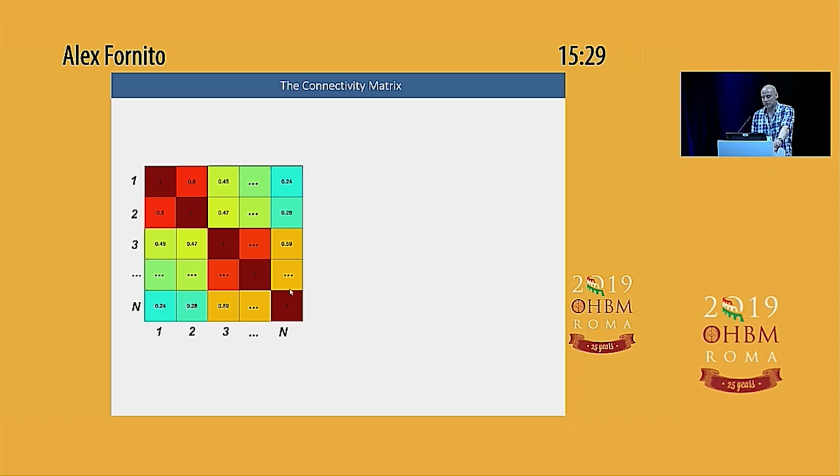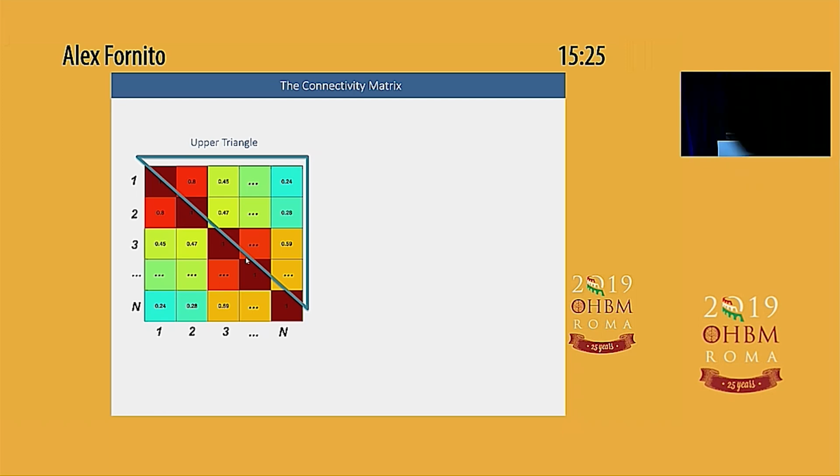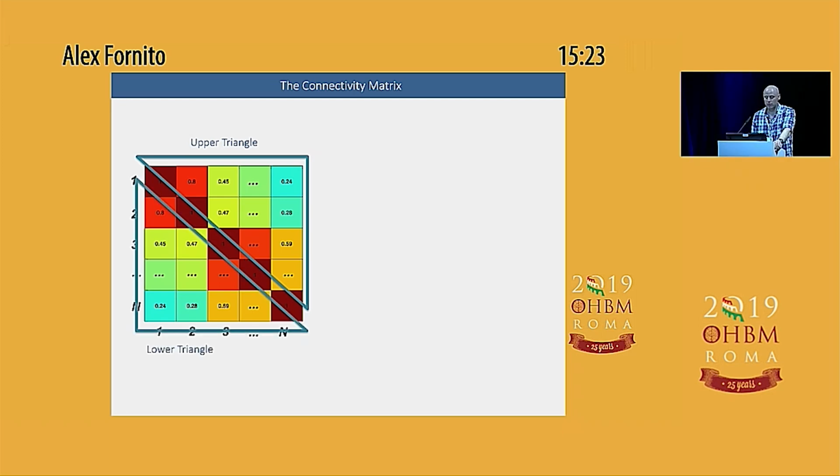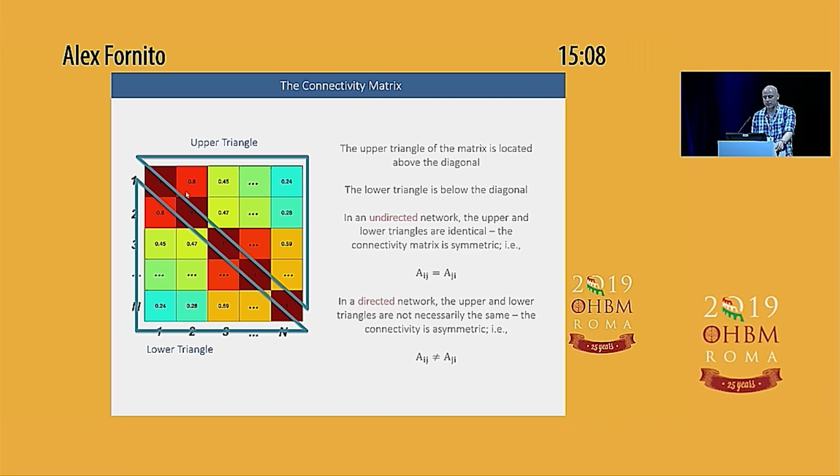And so this diagonal can be used to split the matrix into an upper triangle, so everything above the diagonal, and a lower triangle, everything below the diagonal. Now, in an undirected network, such as one that we construct with correlations, A correlates with B, but we can't tell if A influences B or vice versa. The upper and lower triangles of the matrix are going to be symmetric, right?